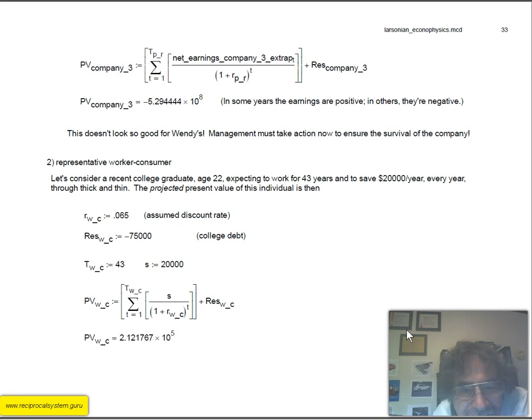He starts off with a negative reserve of minus 75,000 because of the college debt. So the total number of periods is 43. S is the annual savings, 20,000. And so using the present value equation, we get 2.12 times 10 to the 5th power. So that's, I mean, it's not even $1 million.